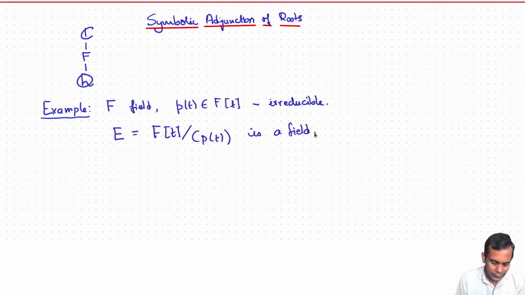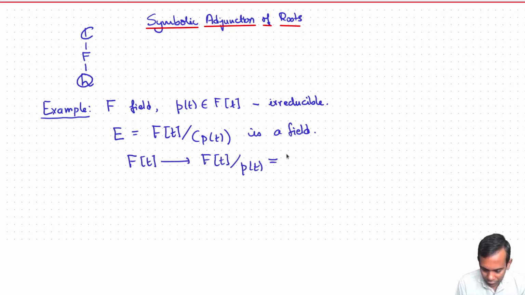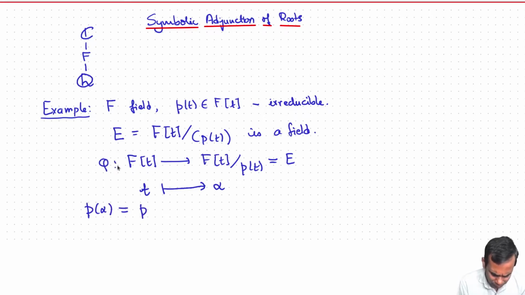And now in this field, let's see. So we have F[t], and this maps surjectively onto F[t] mod p(t), which is equal to E. So in here we have the element t, and we can look at its image in here, which we'll call alpha. Then p(alpha) is the image of p(t). So let's call this map phi.